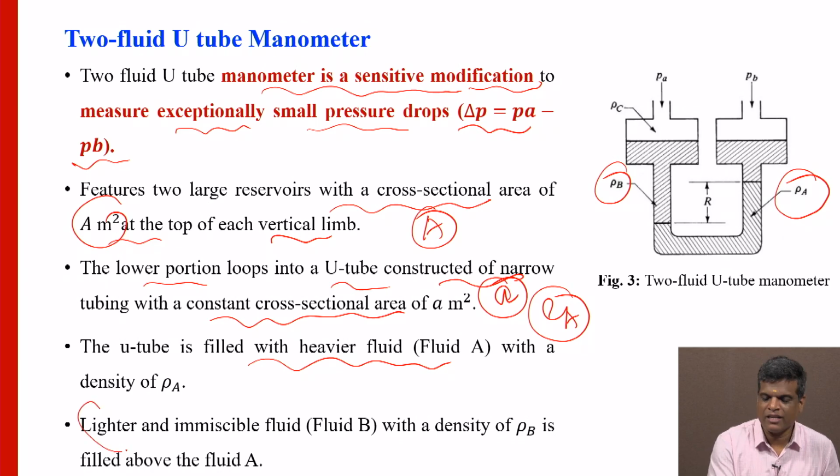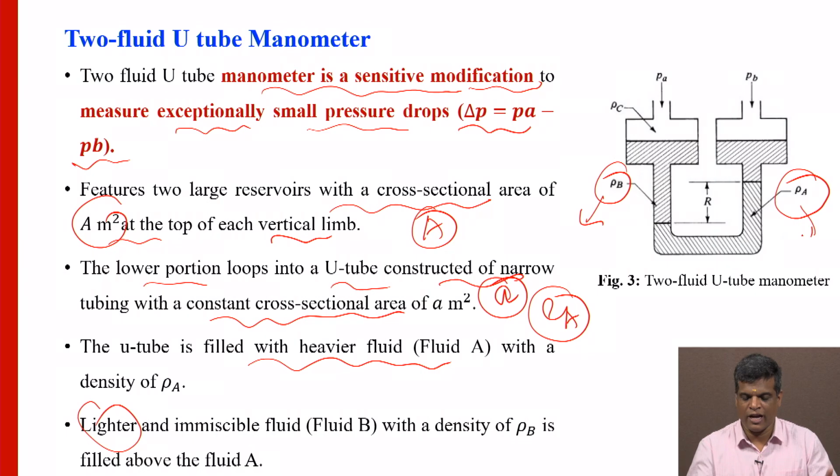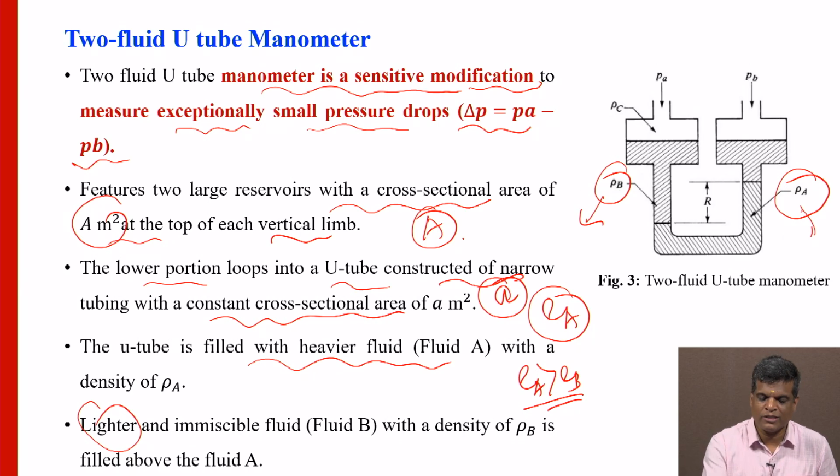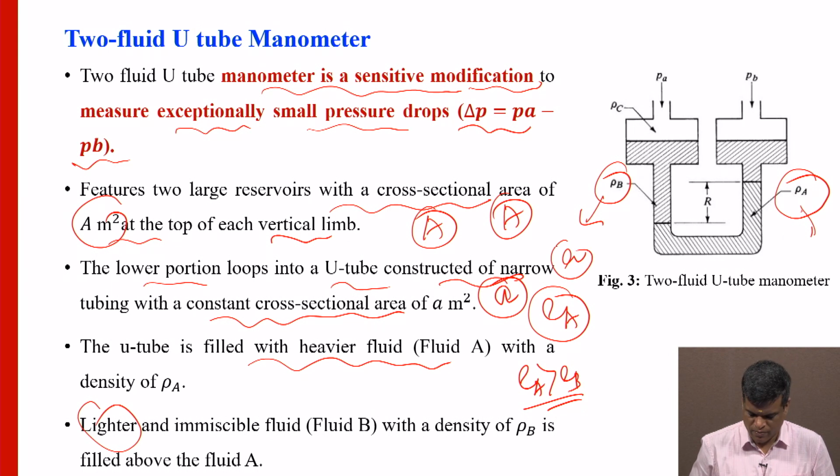So rho A is always very high compared to rho B, and the area at the top is capital A, and the small cross sectional area is small a.